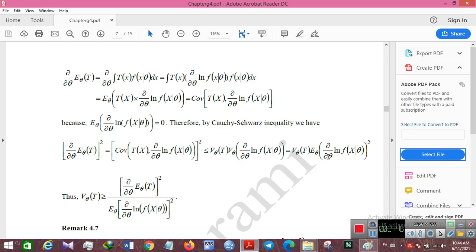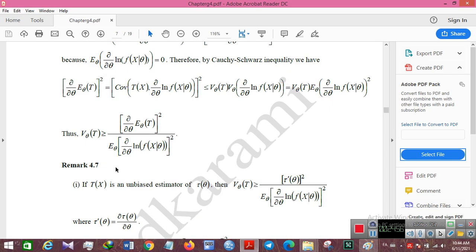If you divide both sides by this expectation, we find this lower bound for the variance of T.